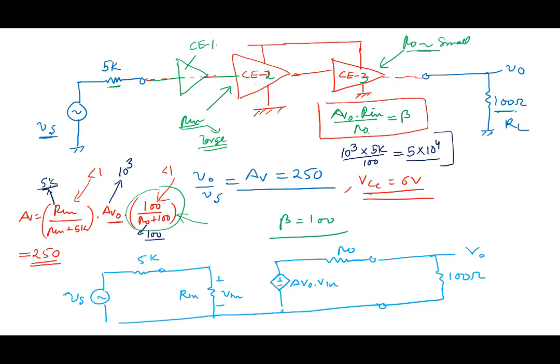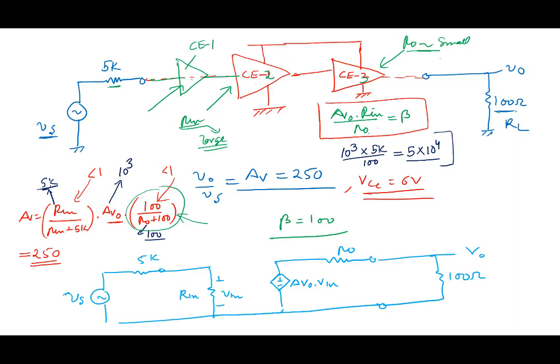When you add a third stage, it gives you more freedom. The first stage will specialize in giving you a large Rn. The last stage will focus on providing a small R0 so as to match with the load. And the middle stage you'll focus on providing gain.